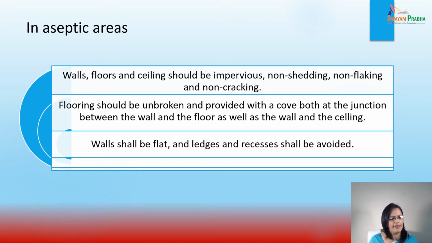Walls shall be flat, and ledges and recesses shall be avoided where other surfaces join the wall. It should be provided with a cove at the joint between the ceiling and the floor.